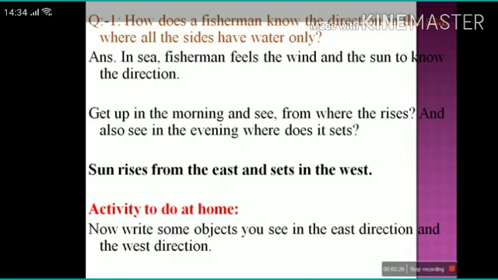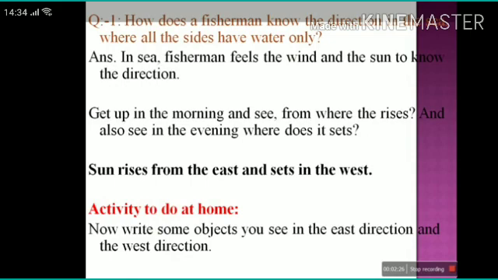So, using the wind and the sun, he finds out the direction. Get up in the morning and see from where the sun rises, and also see in the evening where it sets. All know the sun rises from the east and sets in the west.